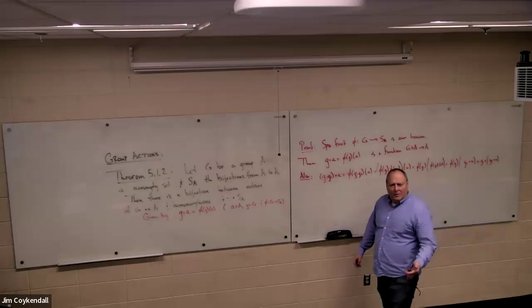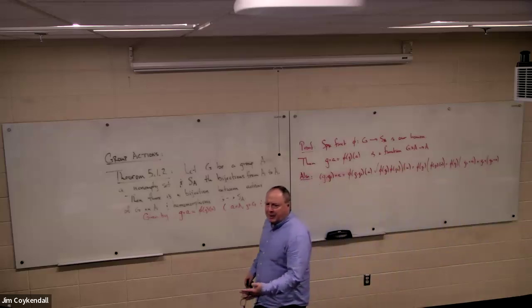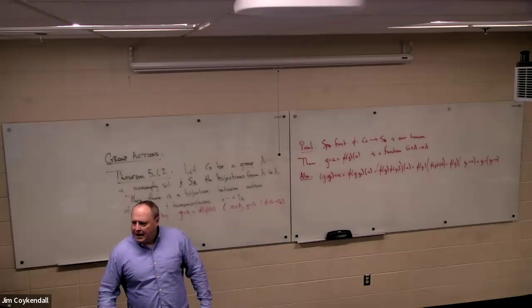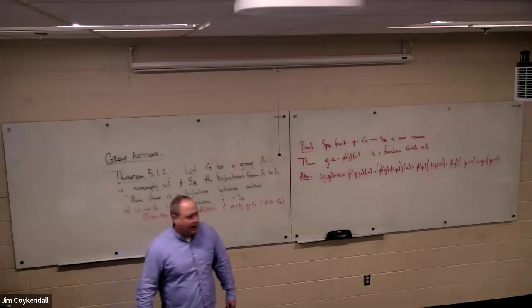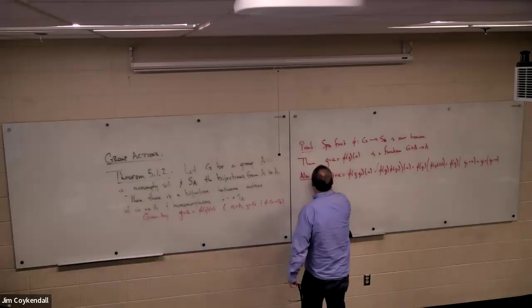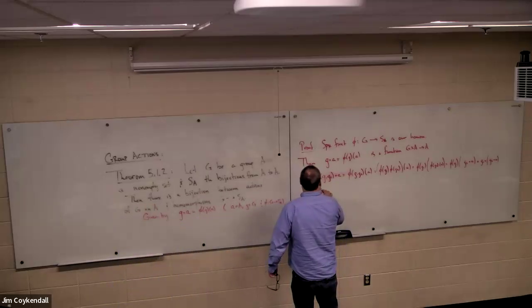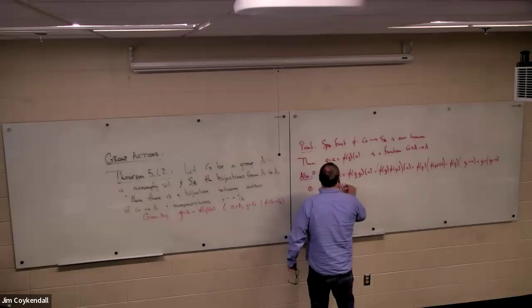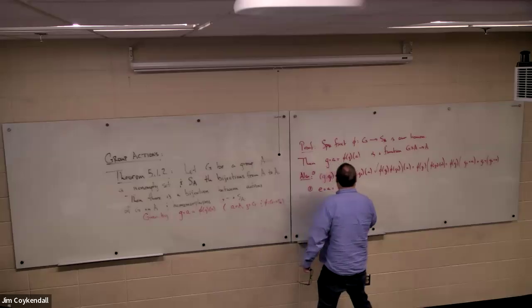And what else? Does anybody remember what else I've got to check to make sure this is a bona fide action? Yeah, it's got to behave well with the identity. So let's see what happens there. e acting on a is phi of e of a.